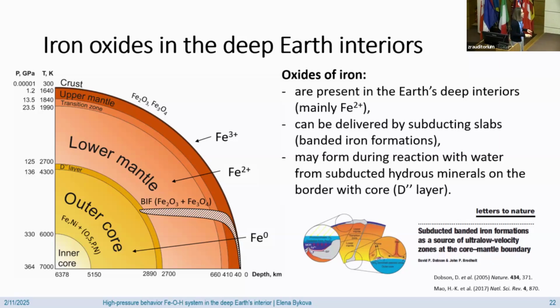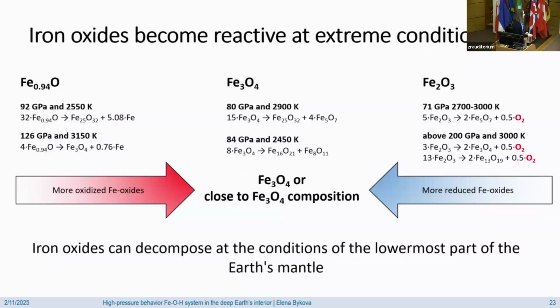And certain studies suggest that they can be a source of the strangely behaving zones on the core-mantle boundary where you have low density of the seismic waves. So the study of what happens with iron oxides at extreme conditions is important to understand what happens with these oxides within the banded iron formations. At high pressures and temperatures, they not only change structure, but they tend to decompose at the pressures of the lower mantle.